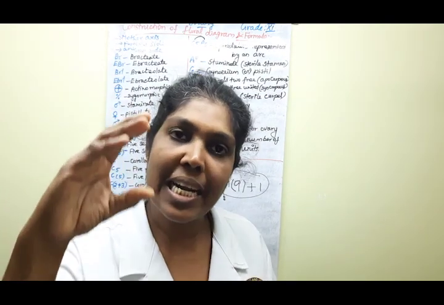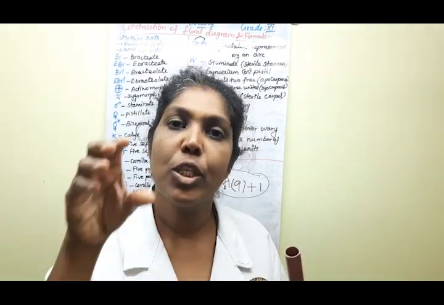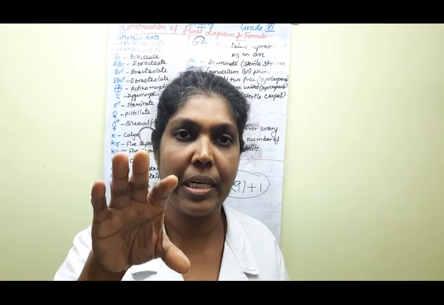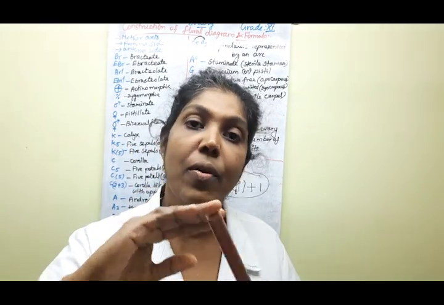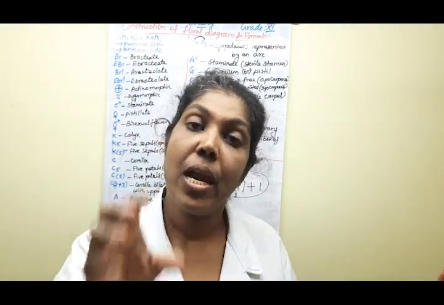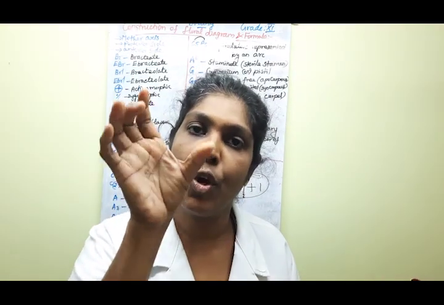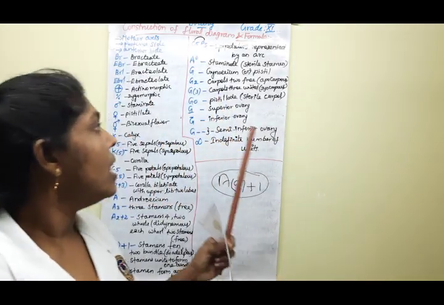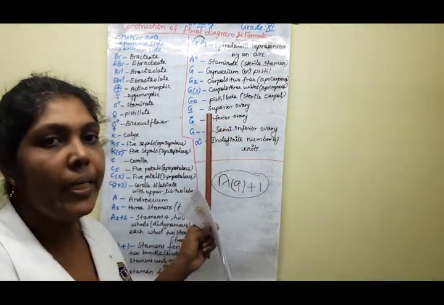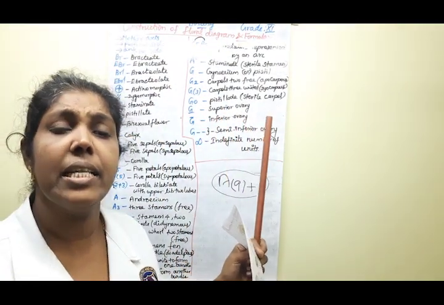If the 3 carpels are united, you have to put a bracket. For the free condition, there is no need to put the bracket. If it is in fused form, you must put a bracket. Understood, children? Yes, good.